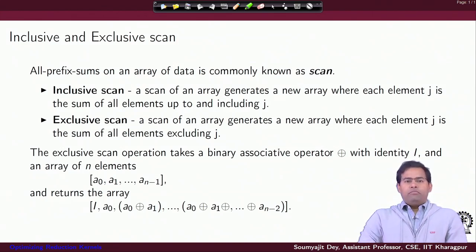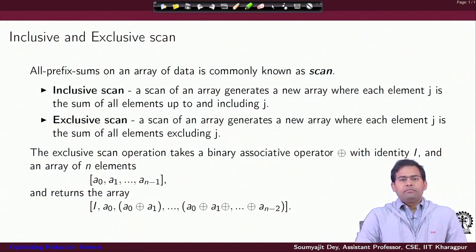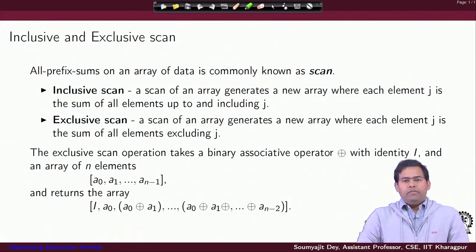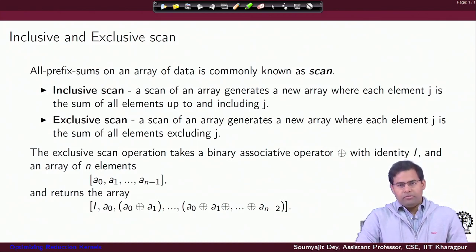Inclusive scan would mean that when you are producing the output array, at any jth location in the output array, you are interested in the sum from A0 up to Aj, whereas if it's an exclusive scan, you are interested in A0 plus A1 like that up to Aj minus 1. So essentially, whether I include the element in that location in the sum, or exclude it and just put there the value for the location up to the previous one.